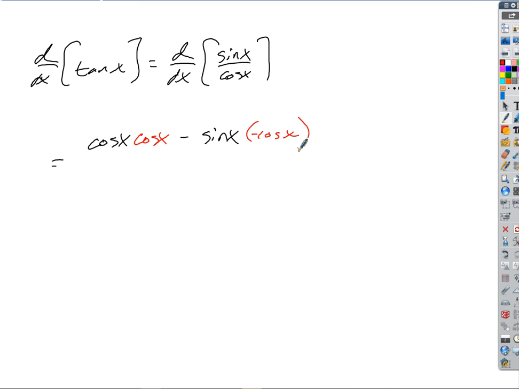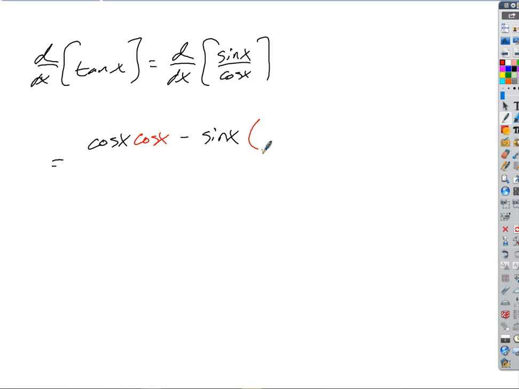So what do we got so far? Low d high minus high d low, right? I messed that up. It should have been minus sine x, not minus cosine x.